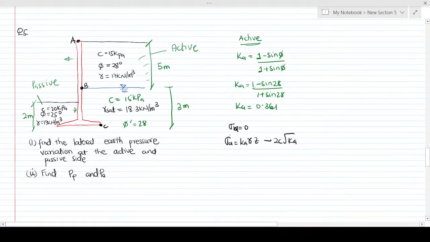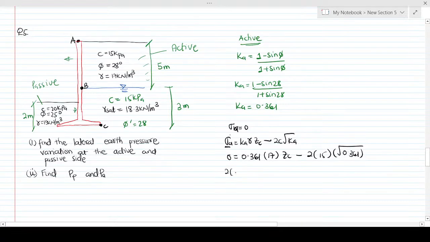So at my depth of tension crack, this is equal to zero, and this becomes my depth of tension crack. In that case, I'm going to get zero equals KA, which we had to be 0.361, gamma is 17, because it will be above the water table, that's why we are using 17, then minus 2 times C. C is 15 kilopascal times square root of KA, which is 0.361, right? So I have to move this.